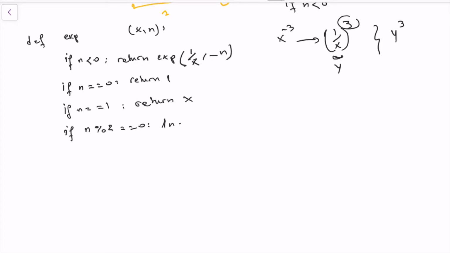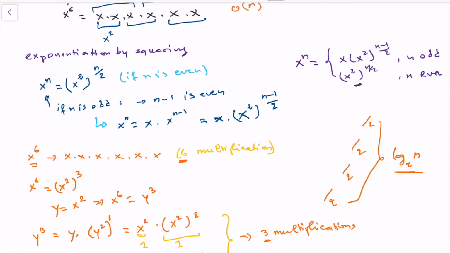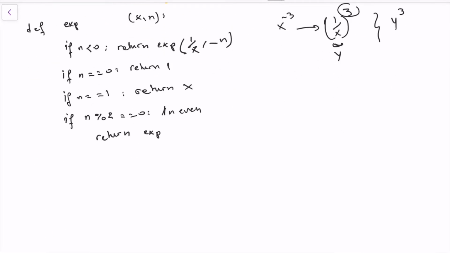So this is an even case. At that point we can just return what is our case here, which is x squared to the power of n divided by 2. So x multiplied by x with n divided by 2, right? This I'm doing in Python just to get an integer.